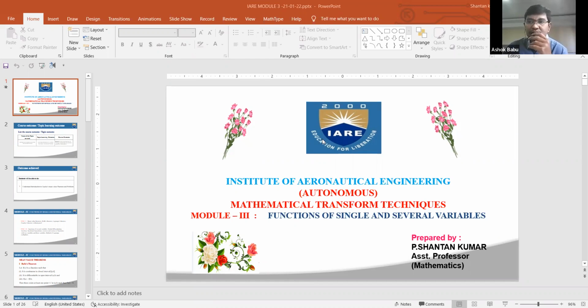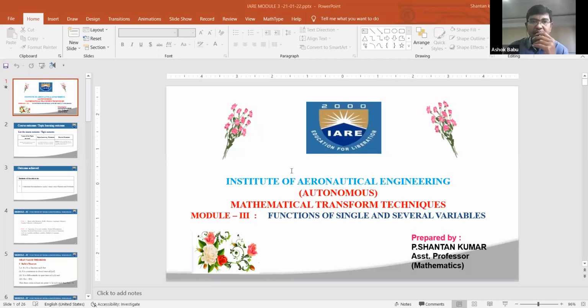And whoever understands Rolle's theorem and Lagrange's mean value theorem properly will find Cauchy's mean value theorem easy to understand, such as when it is applicable and how to do the problem.